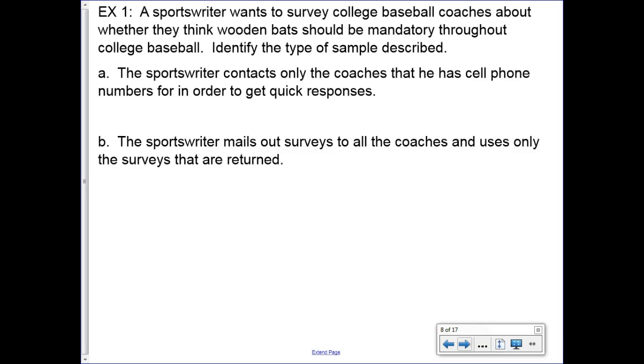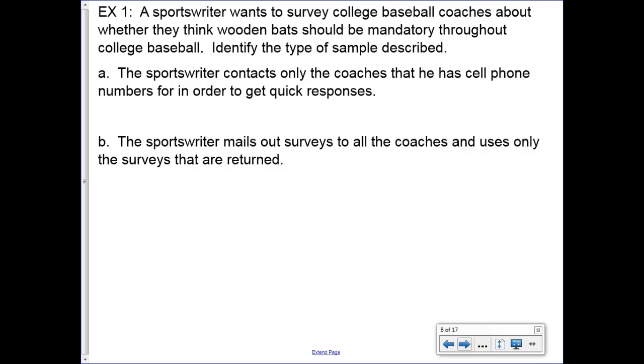Alright, so here's one that's not in your notes. Pause this, try it on your own, and come back when you're ready. So a sports writer wants to survey college baseball coaches about whether they think wooden bats should be mandatory throughout college baseball. Identify the type of sample described. So the sports writer contacts only the coaches that he has cell phone numbers for in order to get quick responses.